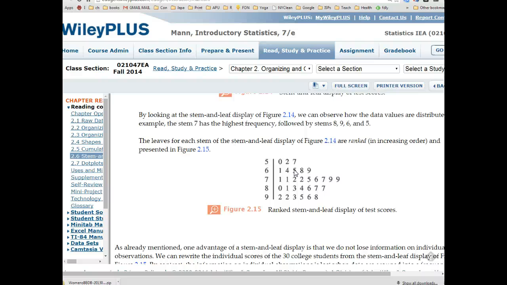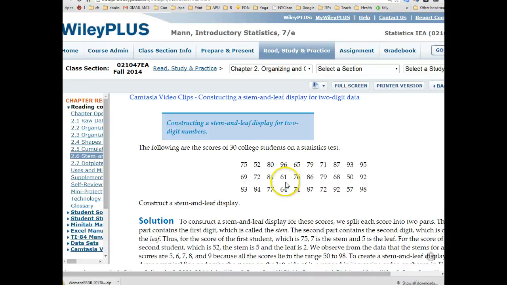set of numbers occurred most frequently? What I mean is, which unit of 10 occurred most frequently? 50s, 60s, 70s, 80s, or 90s? Which one? 70s, right? And you can see that right away, right? Now think about if this was just randomly displayed data. In other words, if it looked just like this, you don't know that 70 occurred more than any other, right?